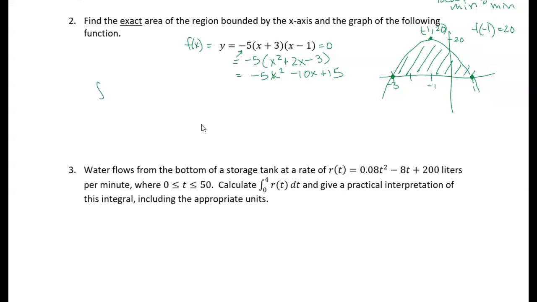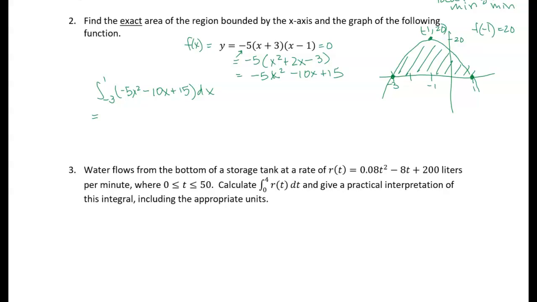All right, so we want to do the integral from -3 to 1 of this polynomial, -5x squared, whoops, not plus, minus 10x plus 15 dx. Okay, so we're just going to use the reverse power rule. So we need the antiderivative, right?